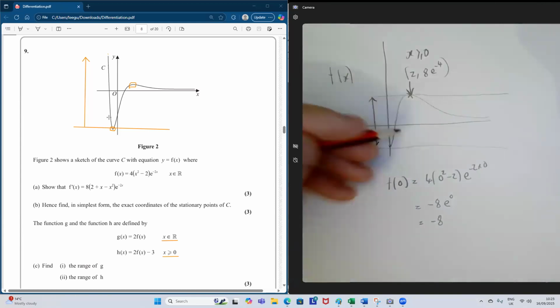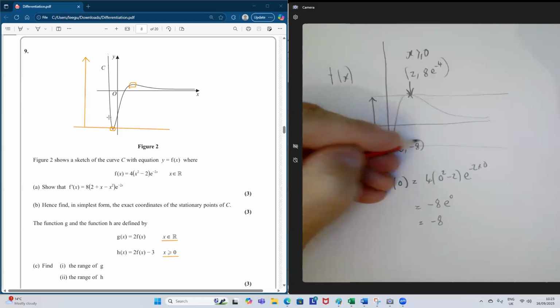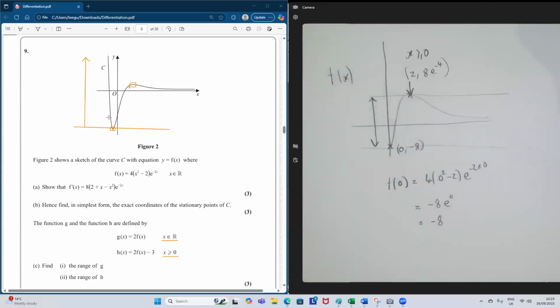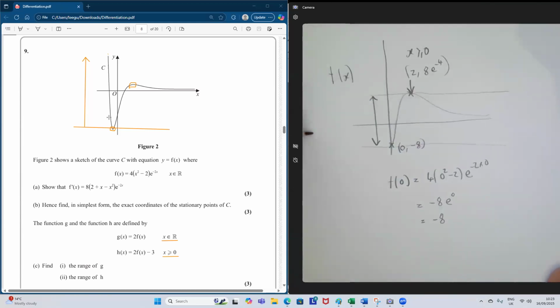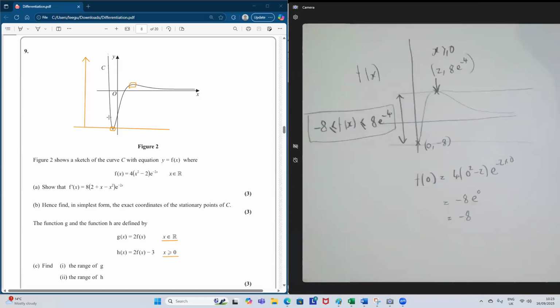So we can say that this coordinate here is x is 0 and y is -8. We've now found the coordinates of those two turning points, which means that f of x is less than or equal to 8e⁻⁴, but greater than or equal to -8. So that's our range of f of x.